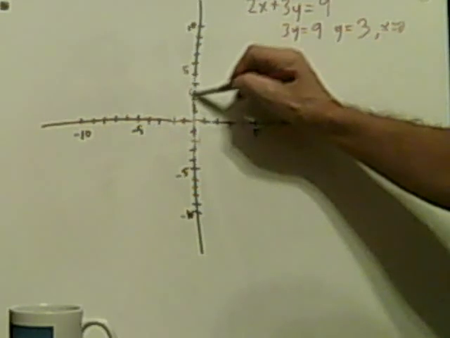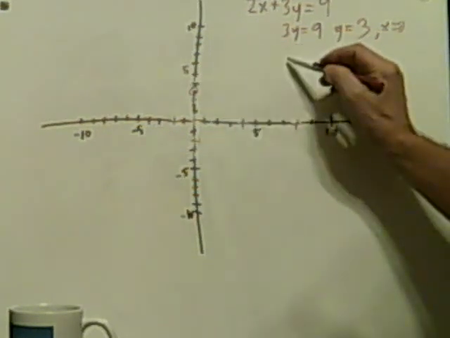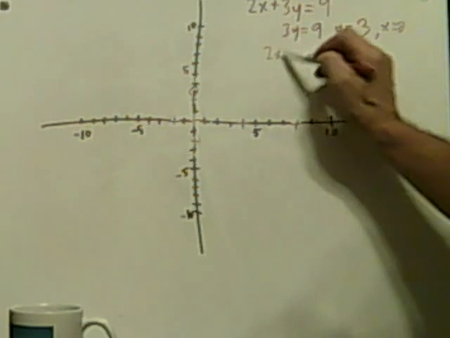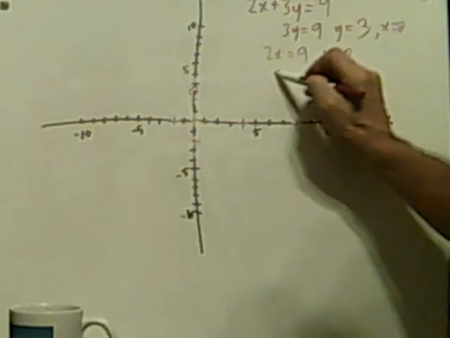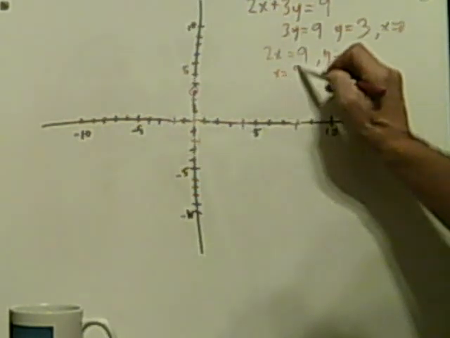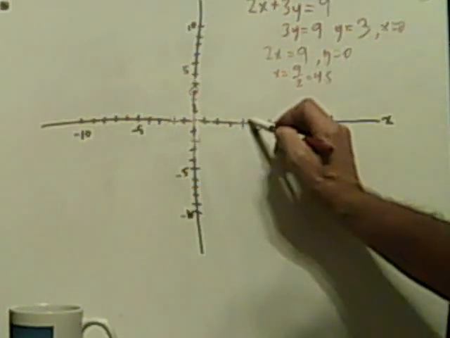That will be right here. And then we set y equal to 0. We'll get 2x equals 9. That's the so-called x-intercept. And that's going to be equal to 9 over 2, or 4.5. So that's going to be right here. Okay. And that looks like this.